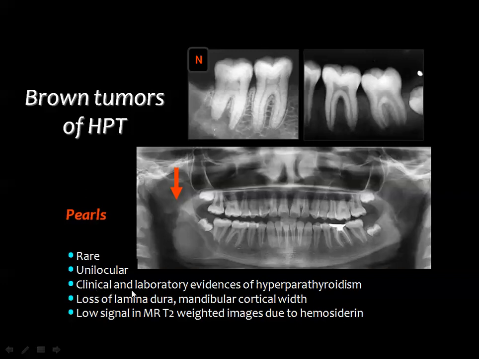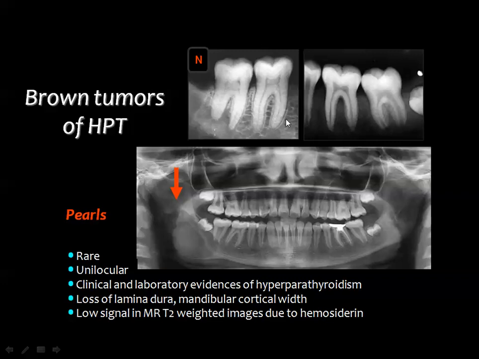And one of the major manifestations of hyperparathyroidism in the mandible is loss of the lamina dura of the teeth. And this sclerotic line surrounding the root of the tooth is known as the lamina dura. And because it is made of very fine calcification, it is one of the most common sites to be affected whenever calcium is removed due to hyperparathyroidism.